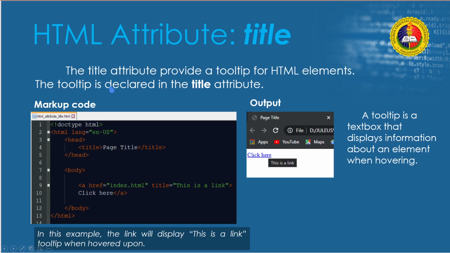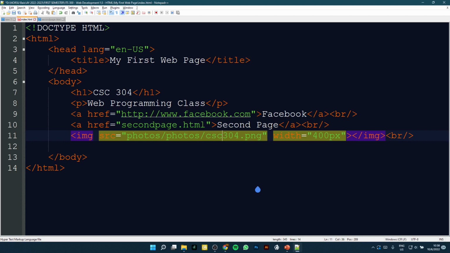The purpose of title is that it will display a tooltip. What do you mean by tooltip? Any idea? Just like this: if you hover on a specific element, it will display this text. Right now, without adding any title to our web page, let's try to hover.